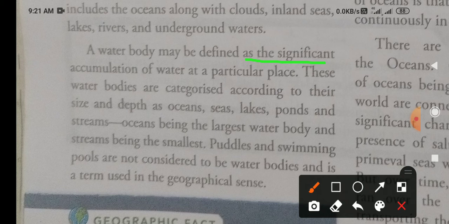Similarly, a river looks smaller, but if the river flows throughout a long period of time, the quantity of water found there is also unlimited. So they are all significant accumulations of water. Significant means great, a great accumulation of water in a particular place. So all they are called water bodies.